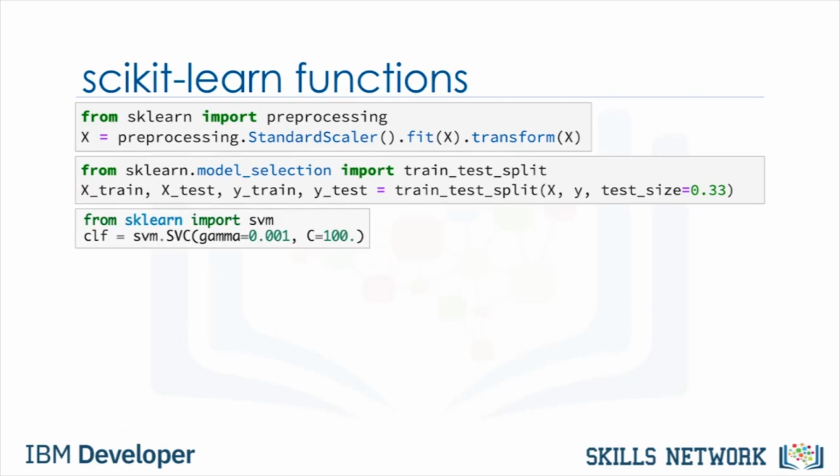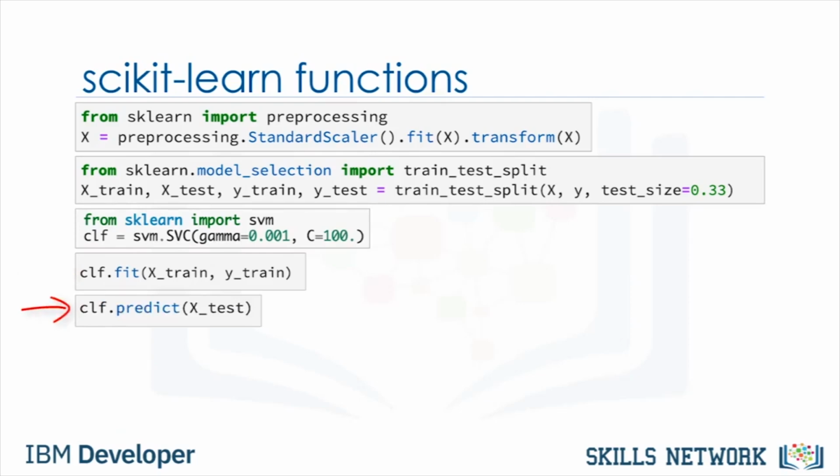For example, you can build a classifier using a support vector classification algorithm. We call our estimator instance CLF and initialize its parameters. Now you can train your model with the train set. By passing our training set to the fit method, the CLF model learns to classify unknown cases.